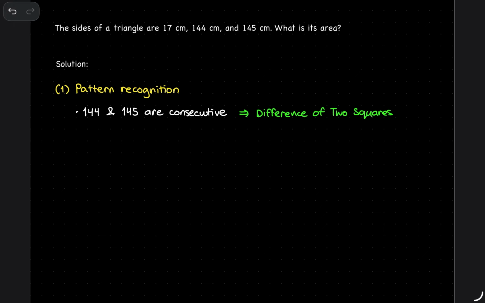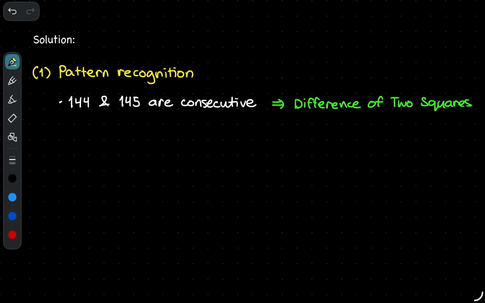In terms of triangles, what is the easiest to obtain its area from? What kind of triangle is that? Well, if you don't know, the easiest is a right triangle. So we will be checking if this is a right triangle, because if it is, its area would be easy to get.